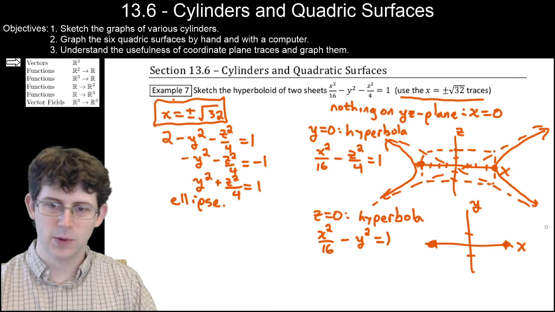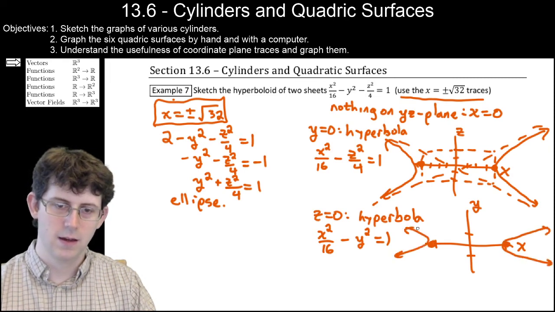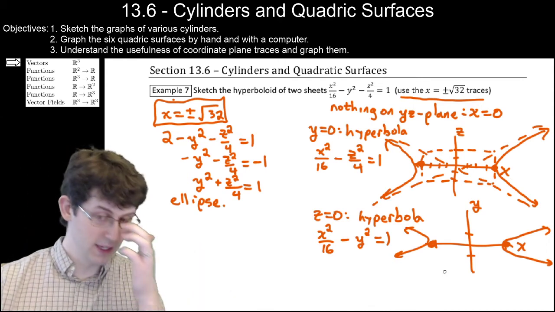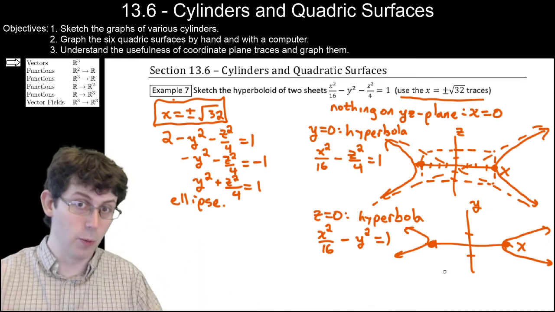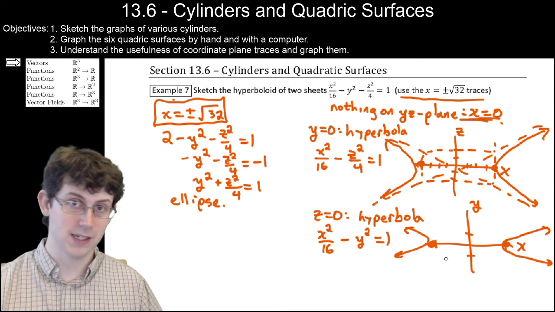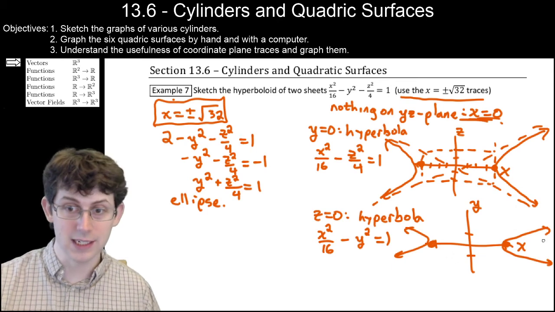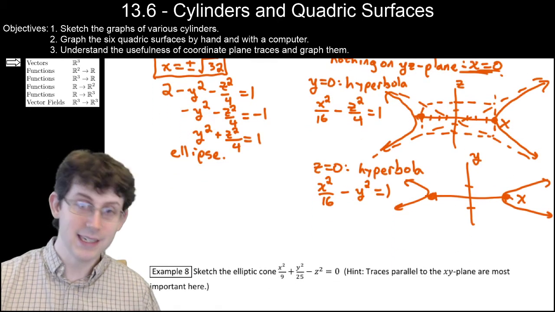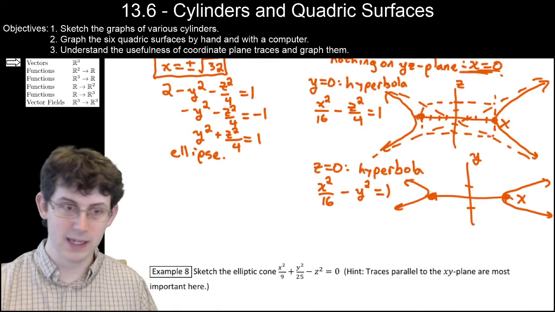So I again end up with a really squished hyperbola. This is because I have this huge open space in the middle where x equals 0 gives me nothing, and you can see that there's blank space at x equals 0 everywhere. This is a hyperboloid of two sheets. So instead of being connected in the middle, it's got a blank space in the middle.